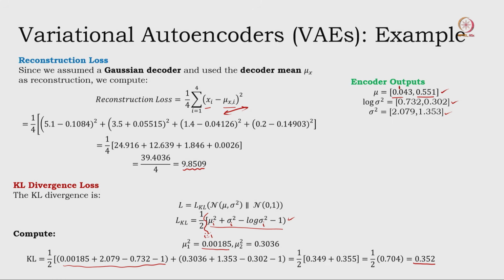This is the variance, so you take this value, minus log of the variance, minus 1. Since you have the second set of values, for the second set it is this. Substitute the values in this formula, and finally you will see the KL divergence value.